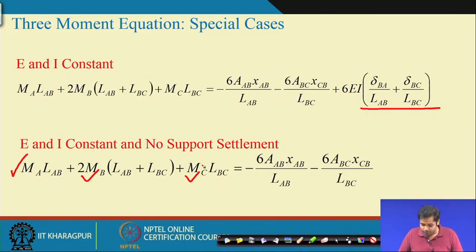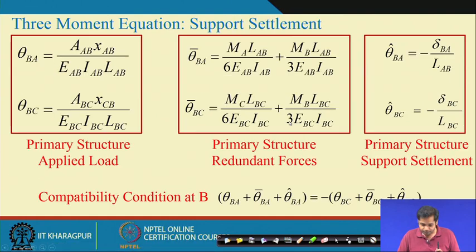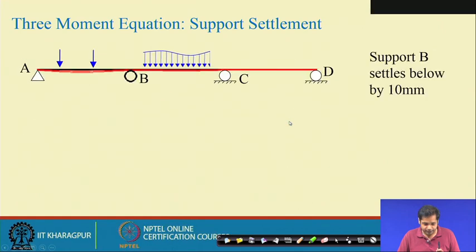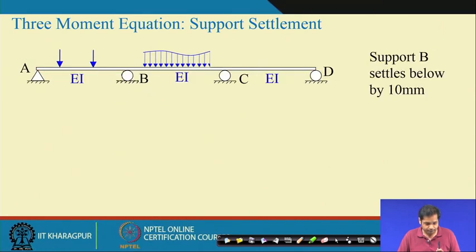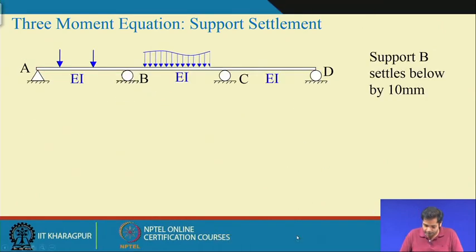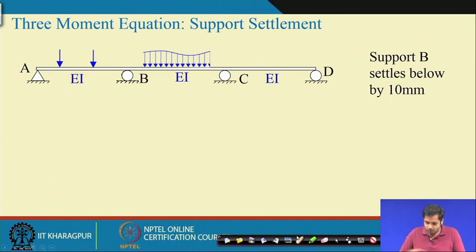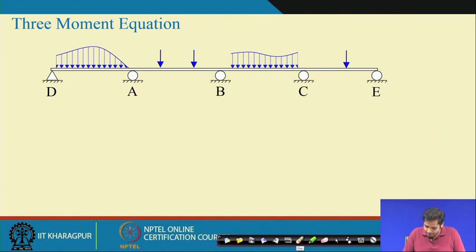Just to quickly demonstrate that, we can take the same example. Yes, now we have the relation between MA, MB and MC.